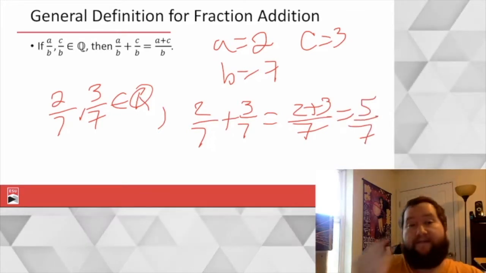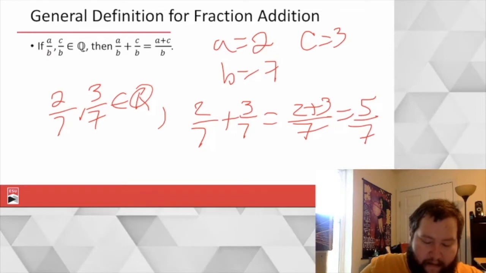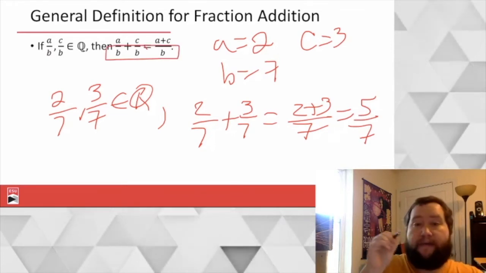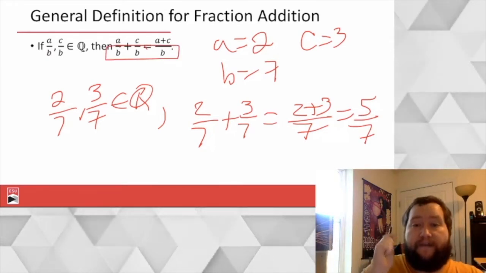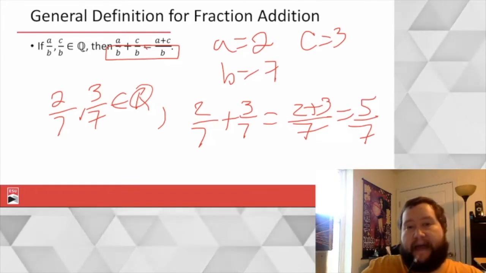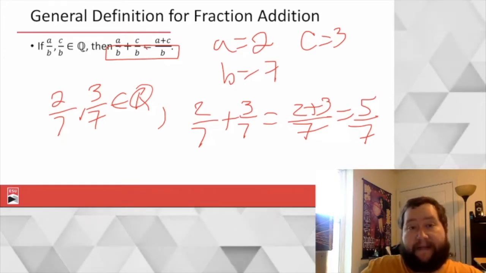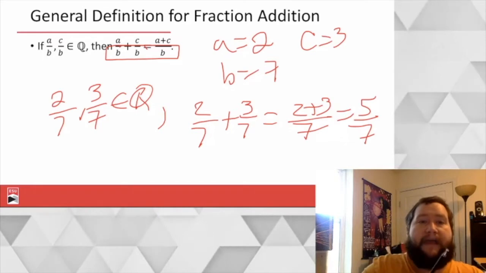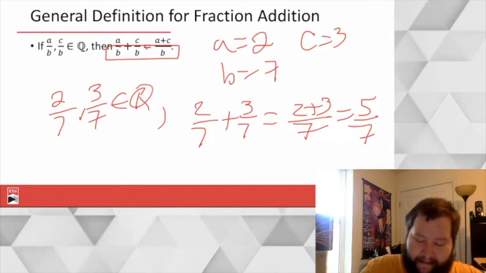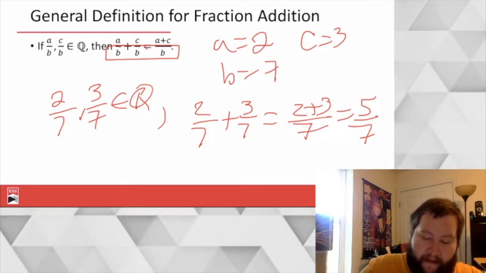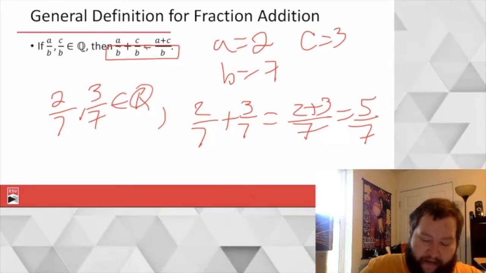So our formal definition for addition is if we have a common denominator. Notice all 3 fractions are referring to same size pieces, because to add pieces together, we need them to be the same size. A over b plus c over b is a plus c over b, right? So that's our general definition for fraction addition.